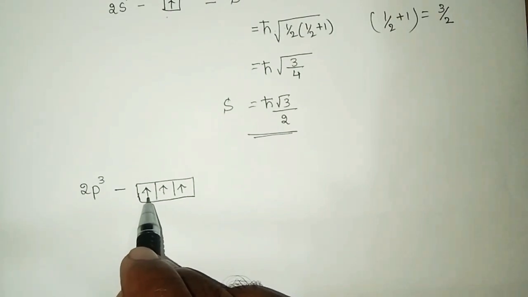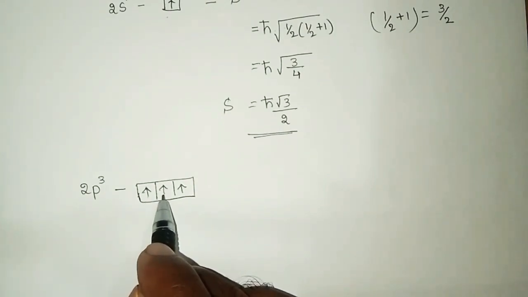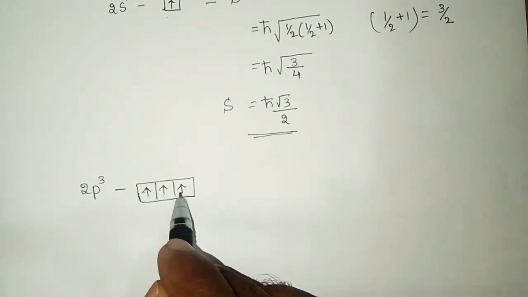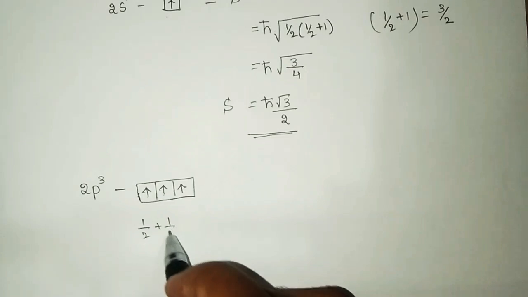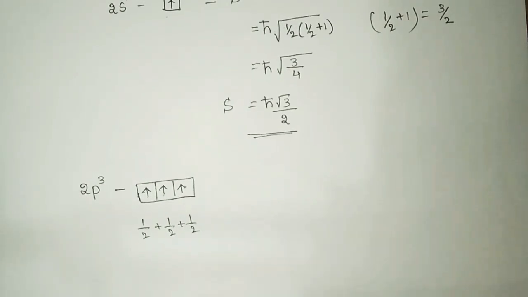All the electrons are in upward direction, so we'll be having plus half, plus half, plus half, right? So the s value will be half plus half plus half, that gives 3 by 2.